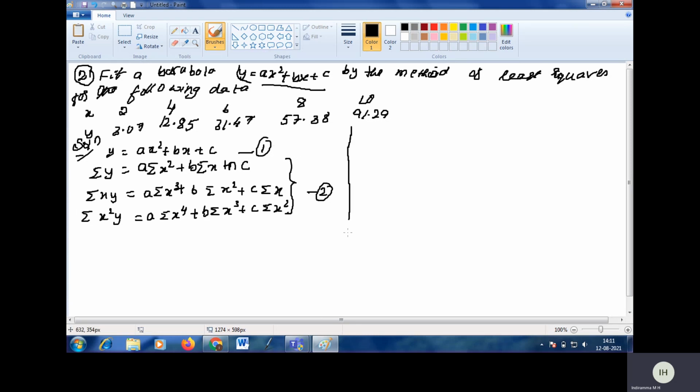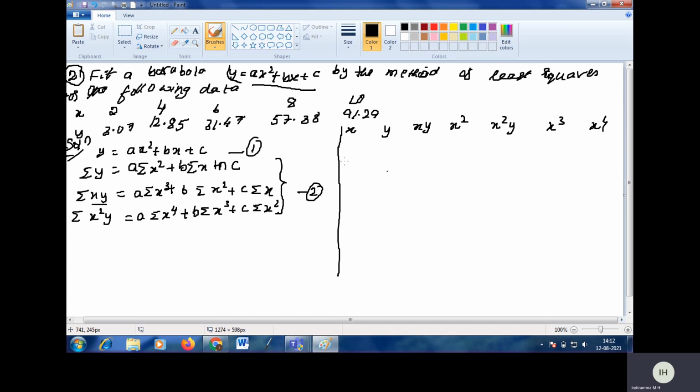So to find the summation values, construct the table consisting of x, y, then x square, xy, then x square y, then x cube, then x to the power of 4. These are required for the second degree parabola. So now write down the values.